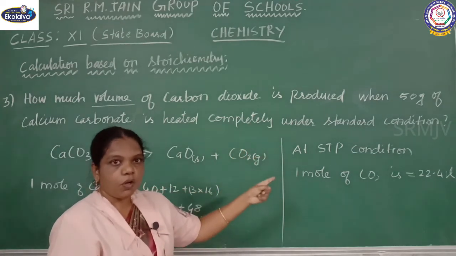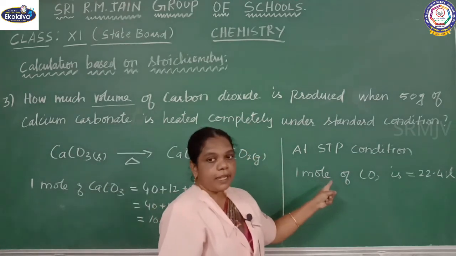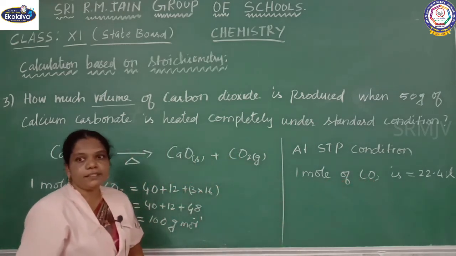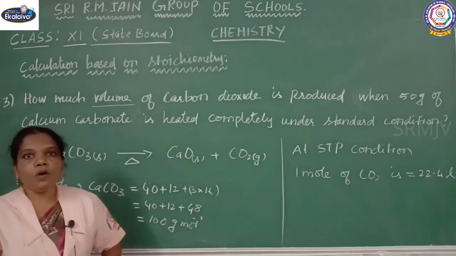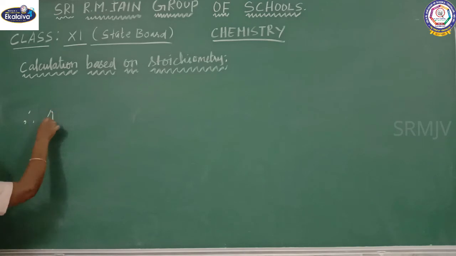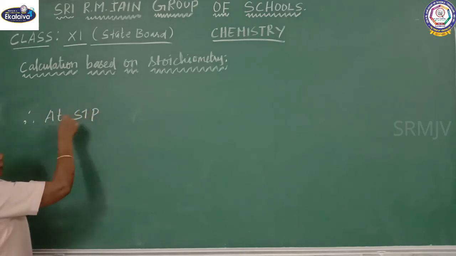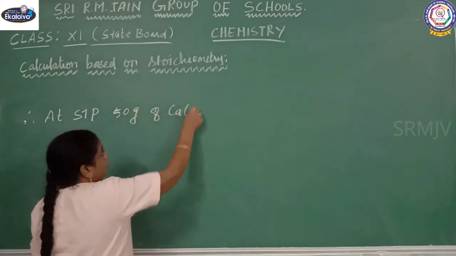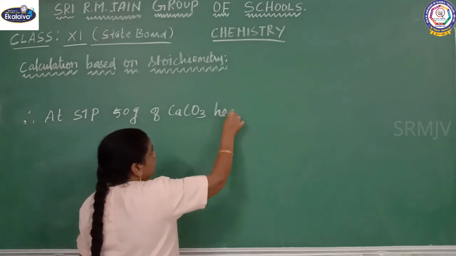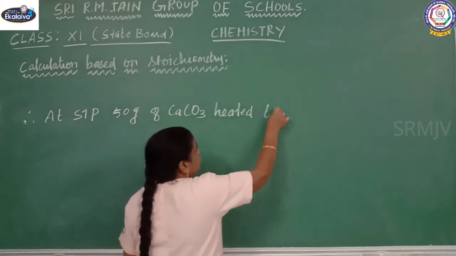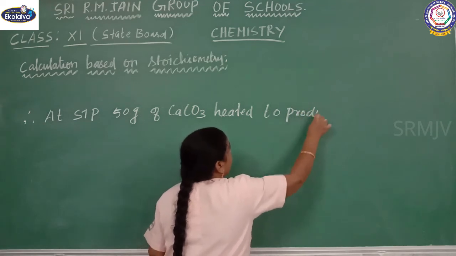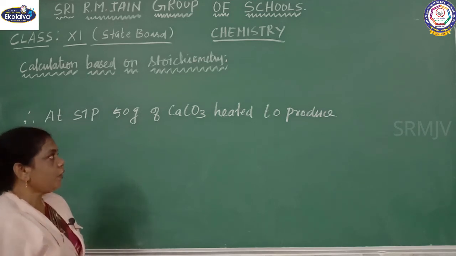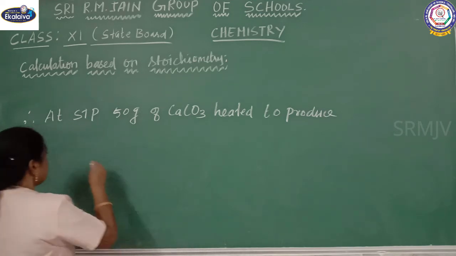So in this case we want to take the molar calculation in the form of volume. So 1 mole of carbon dioxide is taken as 22.4 liters at STP standard condition. 50 grams of calcium carbonate heated to produce the volume. So how much volume of carbon dioxide is going to be produced?